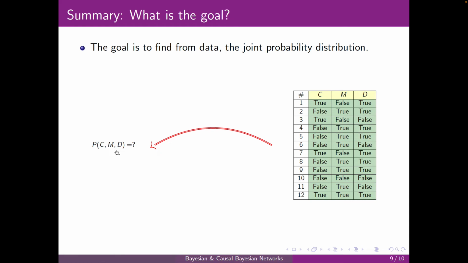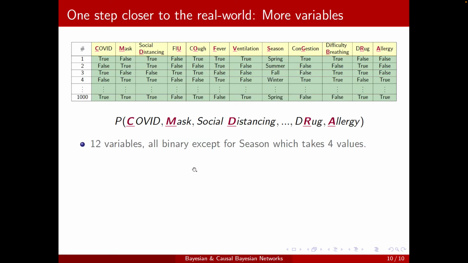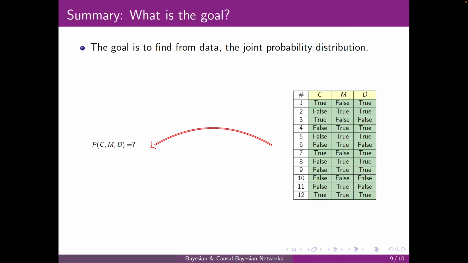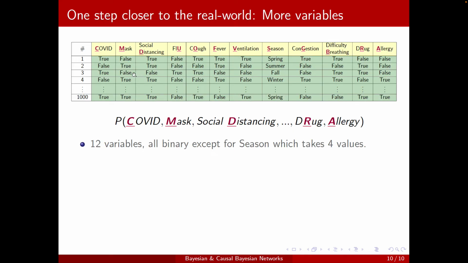And you may say, well, okay, why should I take a whole full course to answer this? Well, one reason is this: let's get one step closer to the real world. More variables. In reality, it rarely happens that your task is as simple as just 3 variables. You are given many variables sometimes.